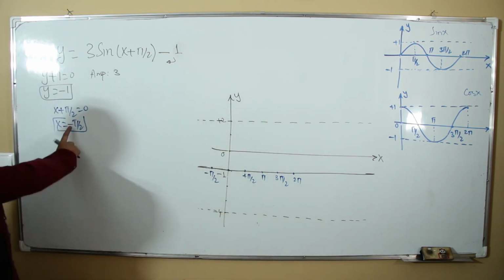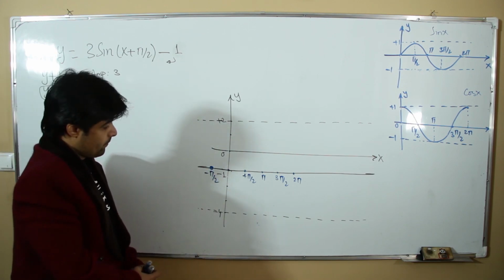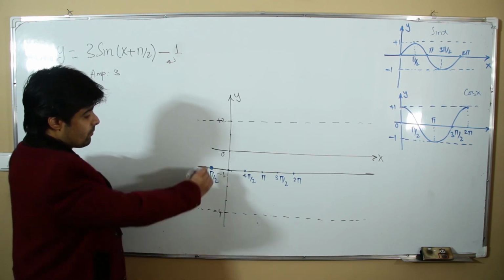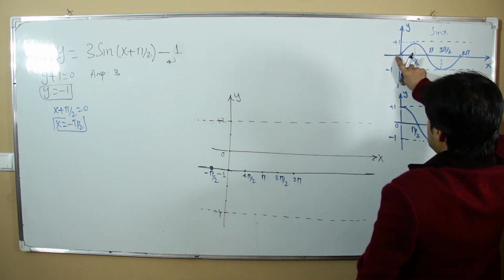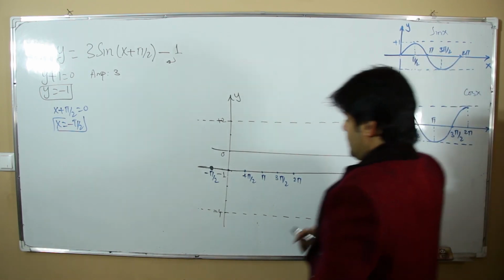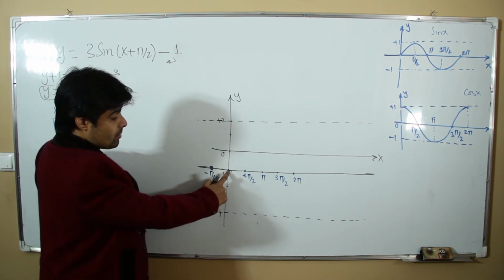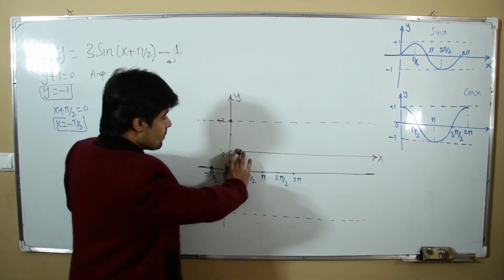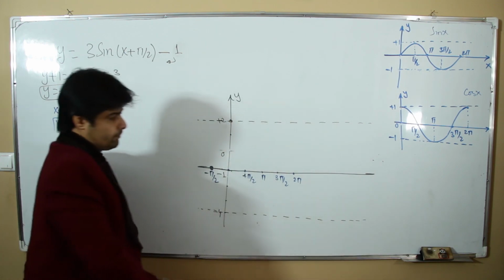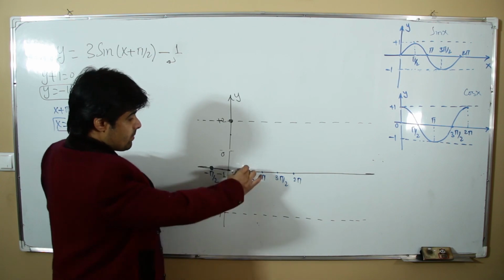Our graph of sine starts from minus pi divided by 2. From here it starts. Second, the next point is our maximum. This is for minus pi divided by 2. This is our next point. It should be maximum. The maximum line is here, not this one. Am I right? Yes. This is our maximum point. The next point it should cross.